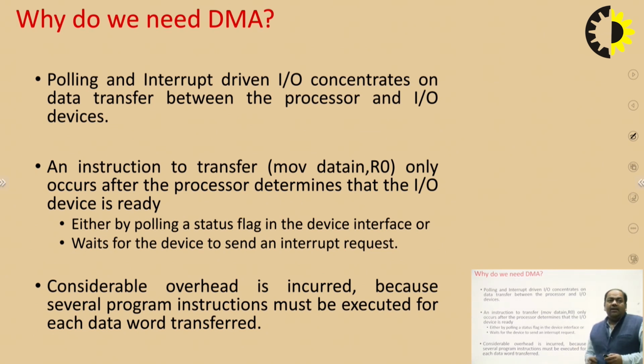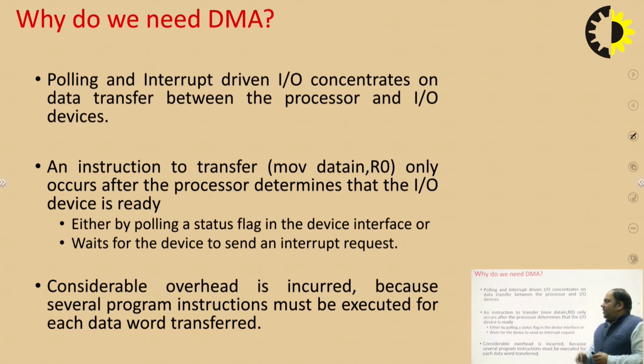Now, why do we need direct memory access after interrupts? In interrupt we are doing polling, and through interrupt we are concentrating on data transfer between the processor and input output devices.